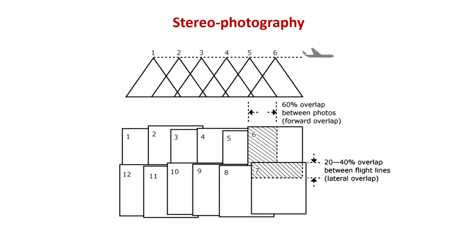So stereo photography, what I discussed in the previous lectures. So mostly what we do, as shown here with another illustration, is that you have 60% overlap along the line of flight, and sideways you have 20 or 40% overlap.